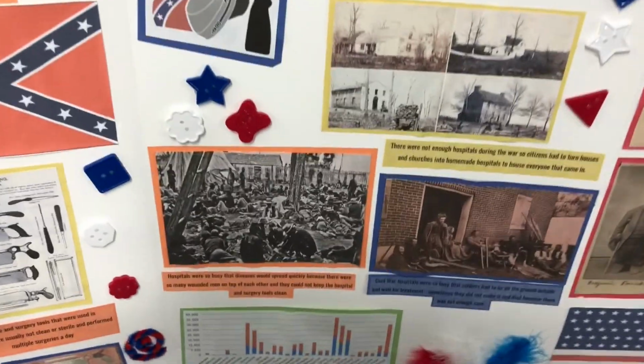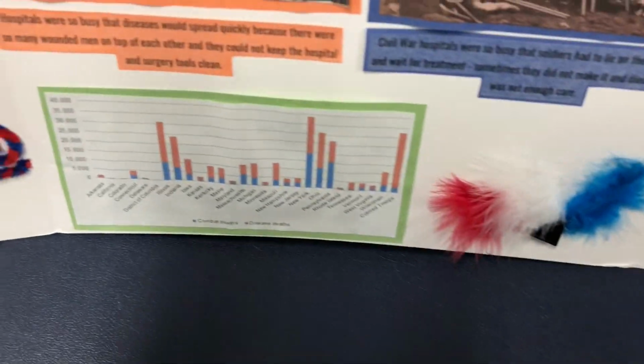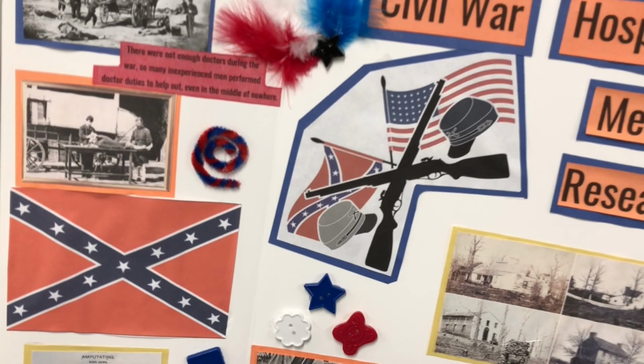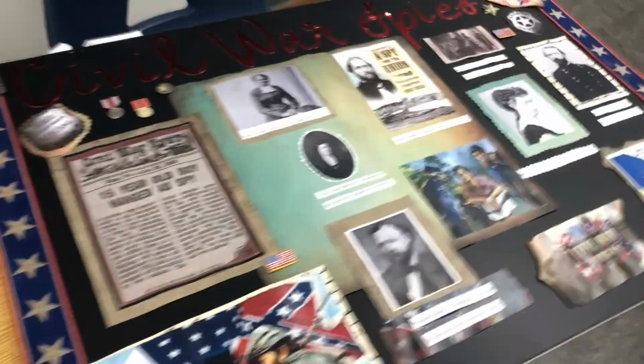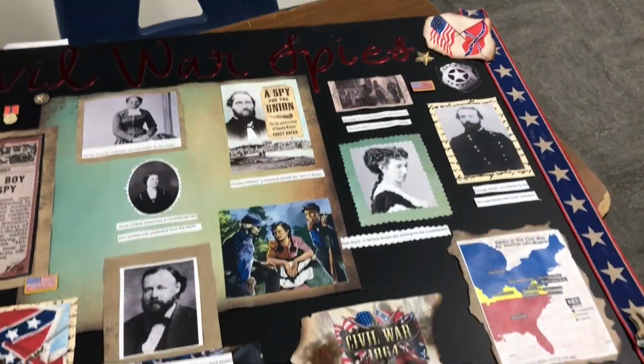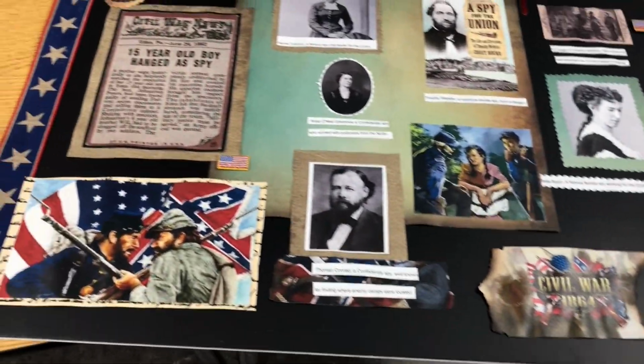You can see it has the images, has graphs and data. They've even added little buttons and other accessories to make it kind of nice. And then for each picture, they also have a nice little blurb. If you're going to do the poster, you definitely want to make sure you're putting in quite a bit of effort here.